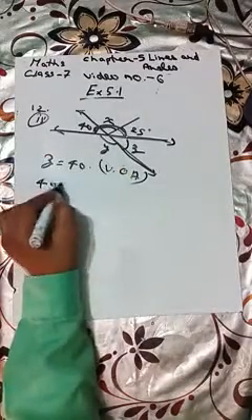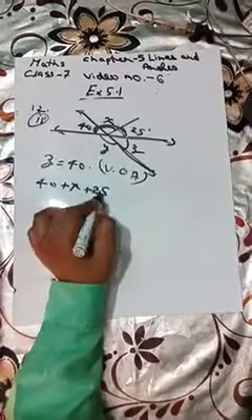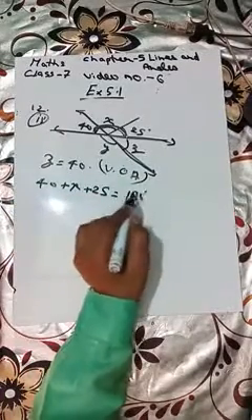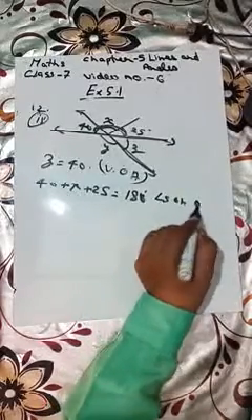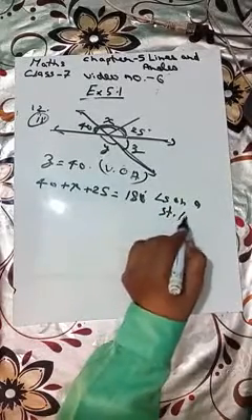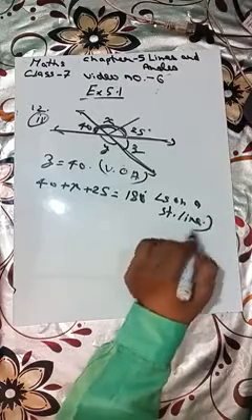Now if you see this whole part, 40, x and 25, they are forming angles on a straight line. Their sum will be 180 degree. So 40 plus x plus 25 is 180 degree. The reason is this: angles on a straight line. I'm using short form.